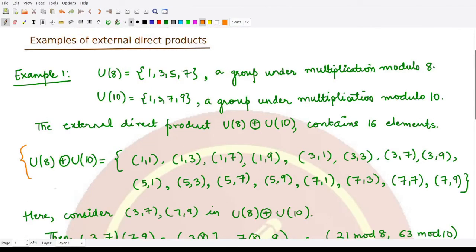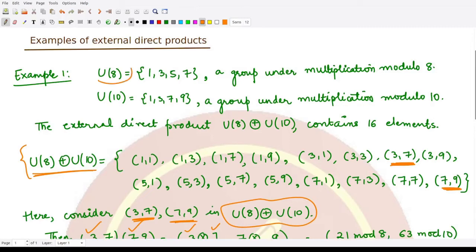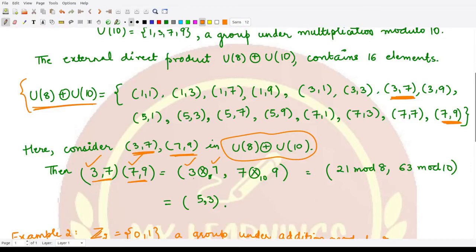Now, in this direct product, how does the group operation work? Suppose we consider two elements, (3, 7) and (7, 9). How do we apply the group operation in the external direct product? For 3 and 7, the group operation is that of the first group, U8, which is multiplication modulo 8.